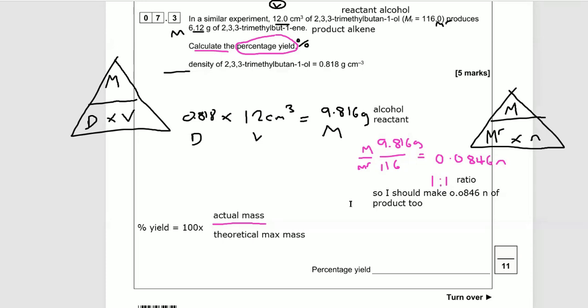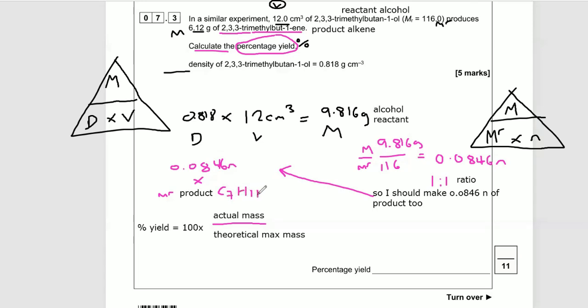Now all we need to do is work out the Mr of the alkene, and we can do the Mr times the moles, and we can find out what our expected theoretical maximum mass of alkene we should have produced. The moles is 0.0846. Now we need to work out the Mr. Well, the alkene is 2,3,3-trimethyl, so it's got 3 methyl groups, that's 3 carbons, and but, and it's an ene.